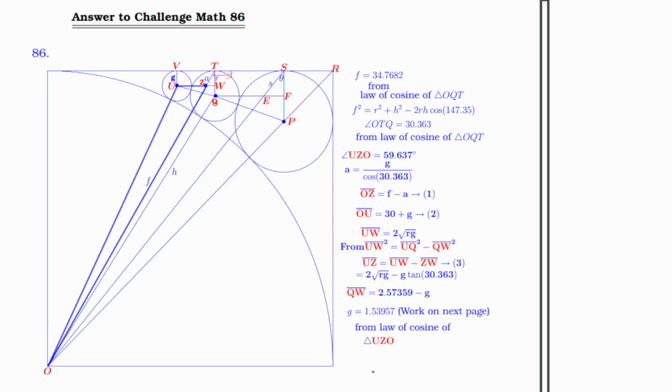And we know R was 2.25 or 2.57359 on the previous page.